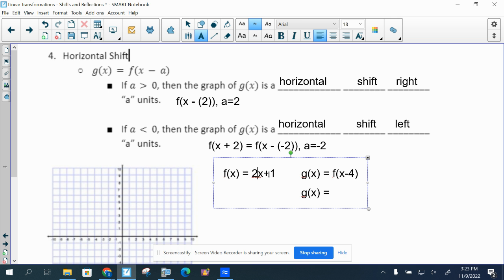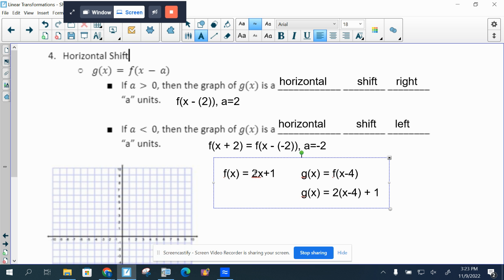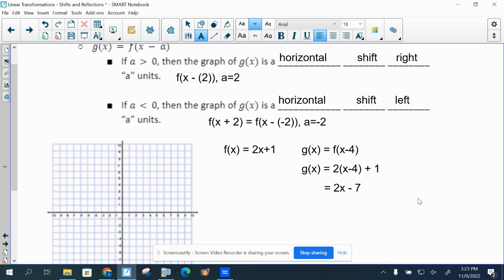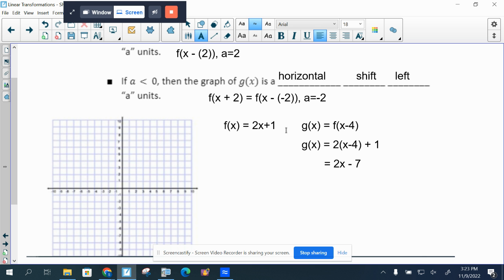Instead of x, let's do 2x. So when I plug this in, it's going to be 2 times x minus 4 and then plus 1. Instead of x, we have x minus 4. And then I simplify. So that would be 2x minus 8 plus 1, which makes minus 7. And let's graph both 2x plus 1 and 2x minus 7.